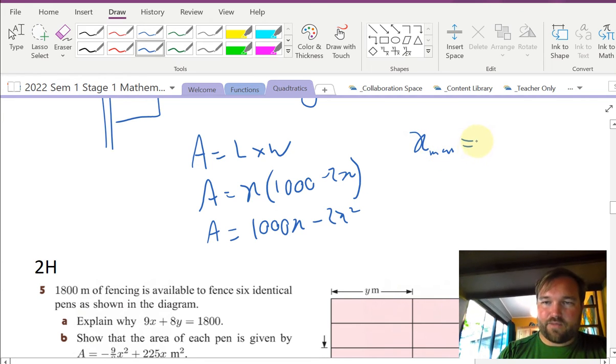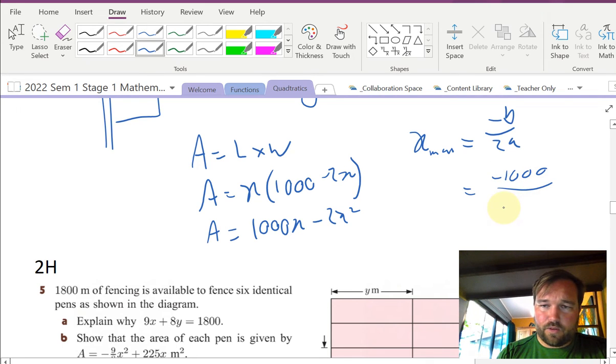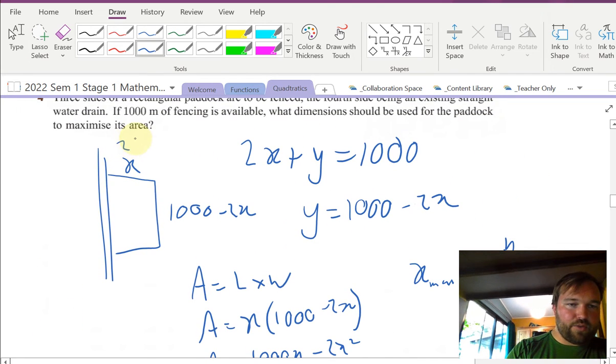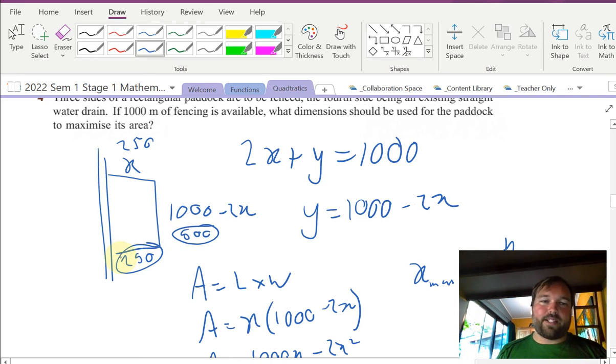The maximum x value is minus b on 2a, which for us is minus 1,000 over negative 4, which is positive 250. So we want a 250 here, a 250 there, and 1,000 minus 2 lots of 250 is going to be 500 here. They are our solutions. 250 by 500 will maximize the area of the paddock.